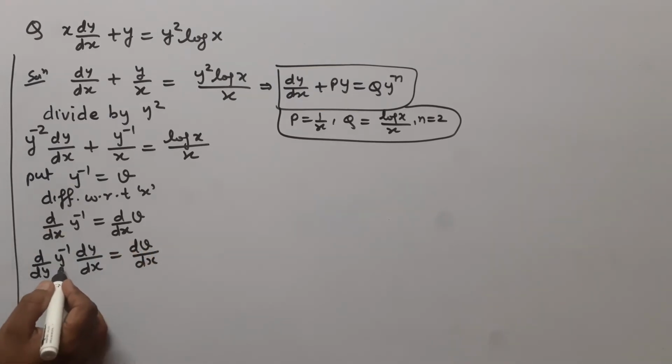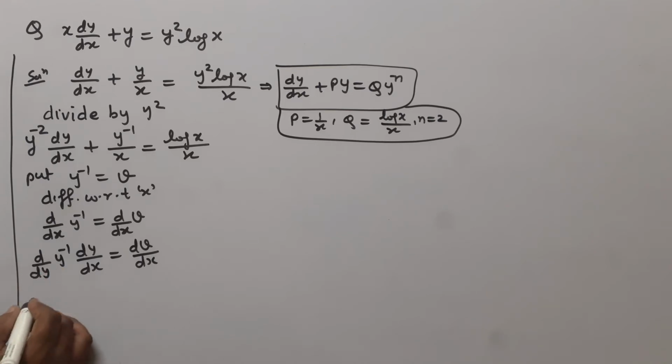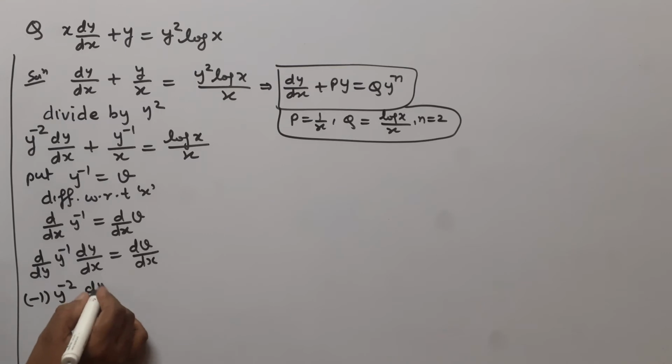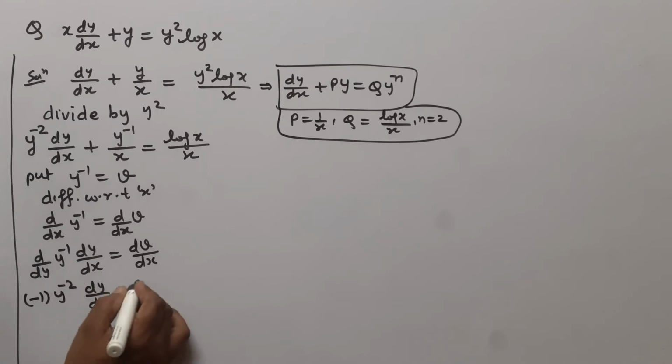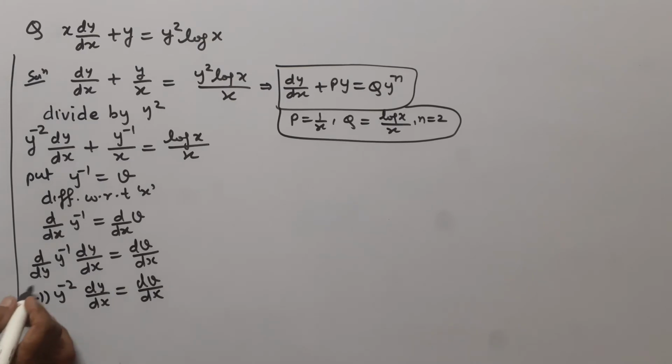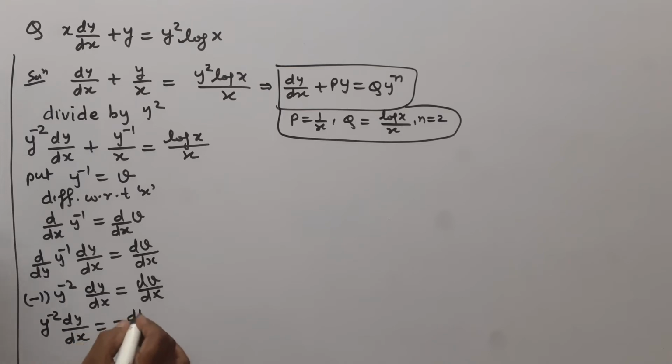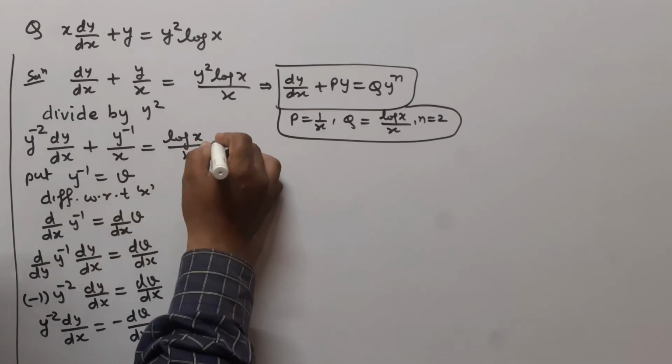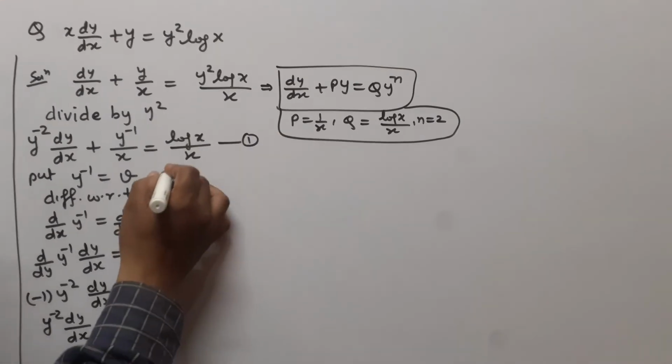When we differentiate this y to the power minus 1 with respect to y, we get minus 1 y to the power minus 2 dy by dx is equal to dv upon dx. Now we divide, taking this minus 1 on the right hand side. So we write here y to the power minus 2 dy by dx is equal to minus dv upon dx. Suppose that this is equation one.